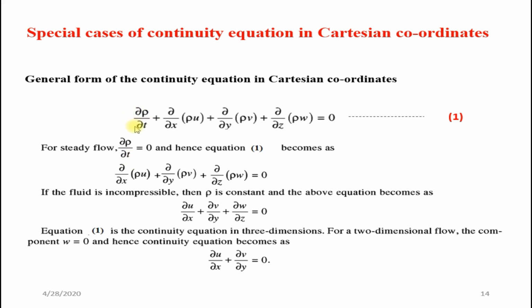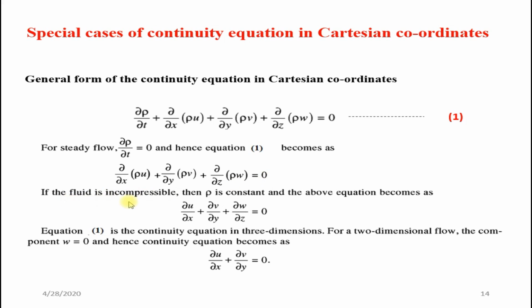Density is not changing with respect to time for steady flow, so in this equation you can neglect this term. The remaining equation is ∂/∂x of (ρu) plus ∂/∂y of (ρv) plus ∂/∂z of (ρw) equal to 0. This is the steady flow continuity equation in Cartesian coordinates.